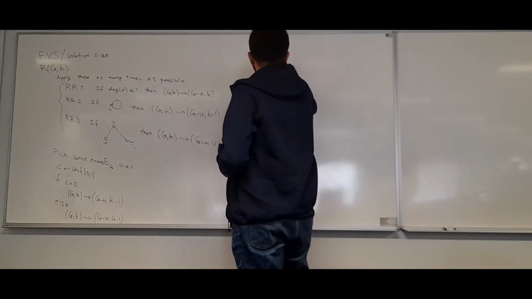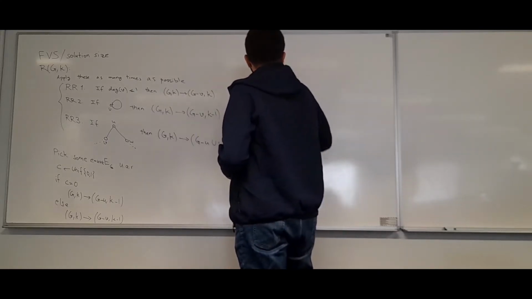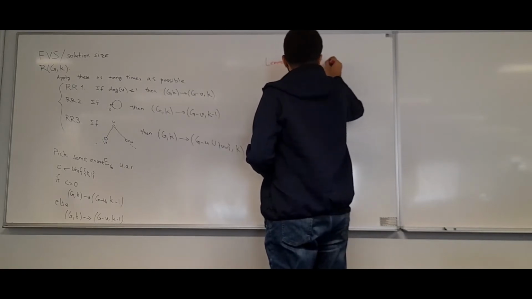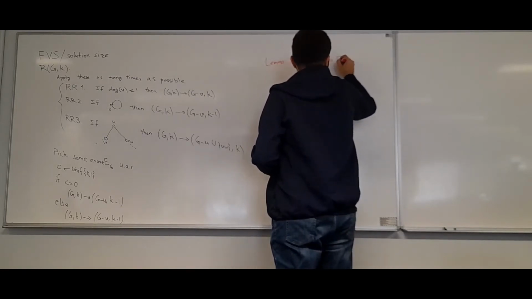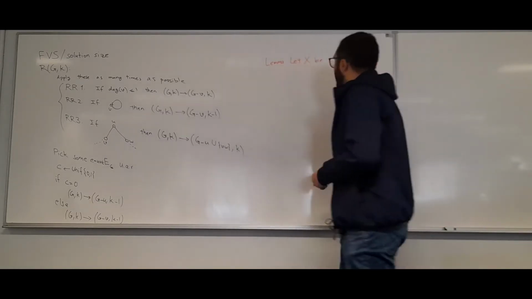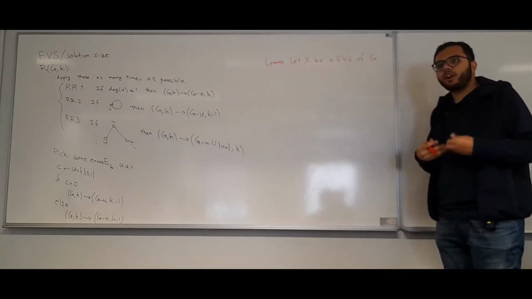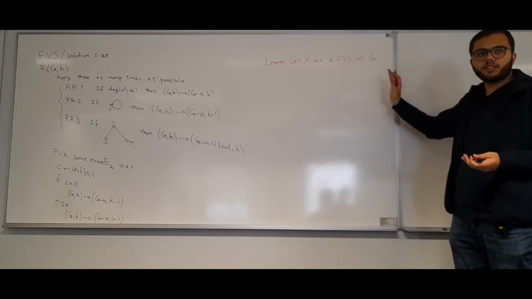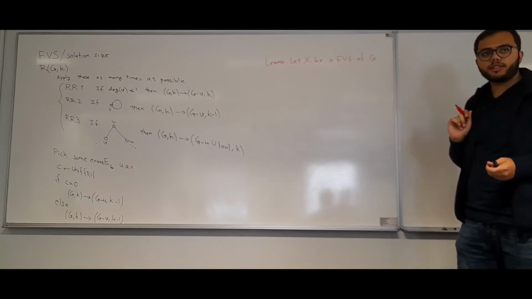This is my lemma. I want to say let X be a feedback vertex set of G. Okay. Now I can of course say that I want X to be an optimal one, but we'll see if we need it. I think I will not need it. I can just work with any feedback vertex set.